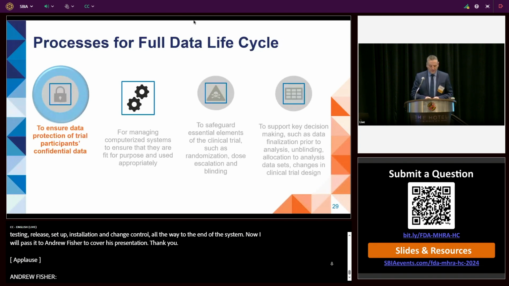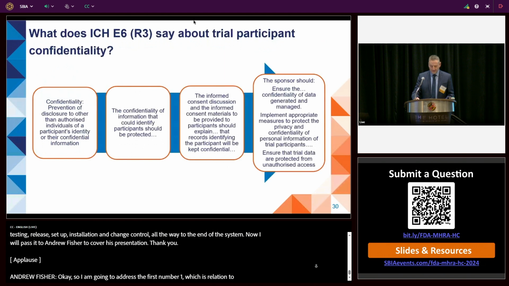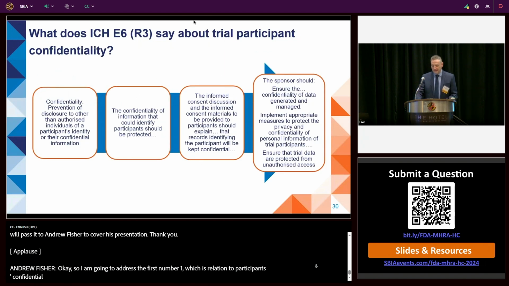Okay, so I'm going to address the first, number one, which relates to participants' confidential information protection, with an example. But first, let's see what ICH E6 R3 says about protection of such information.